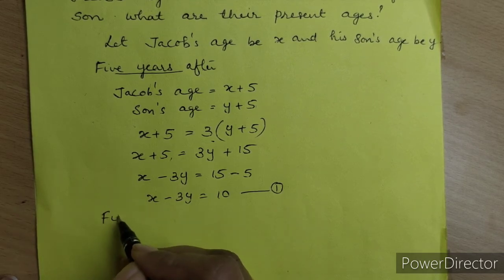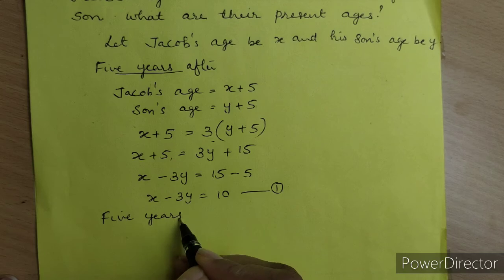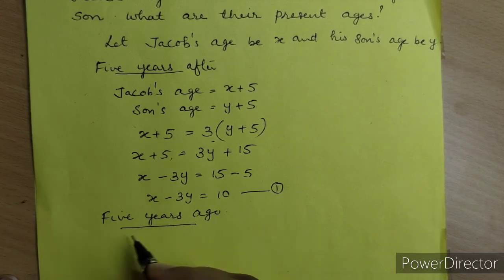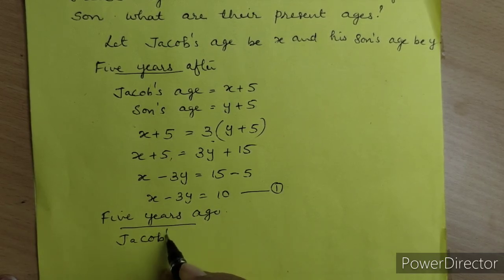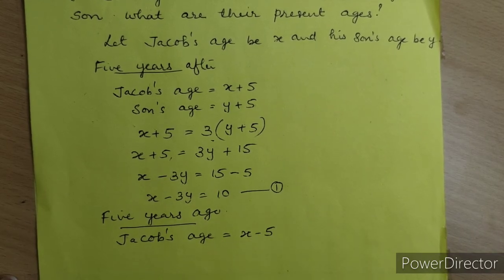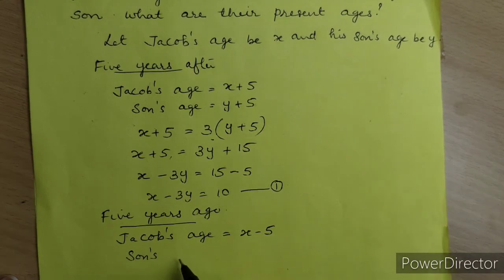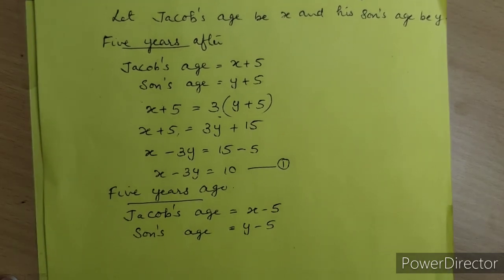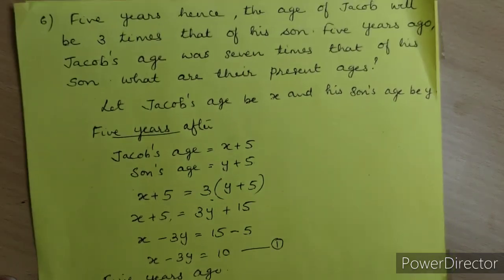So write the heading like that: 5 years ago Jacob's age equals x minus 5 and son's age equals y minus 5. Now you should see the condition.